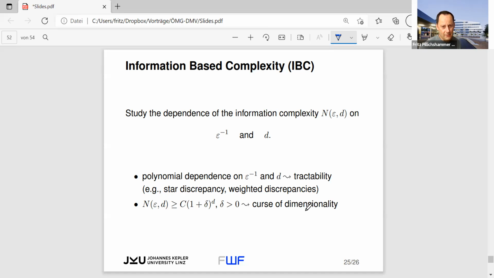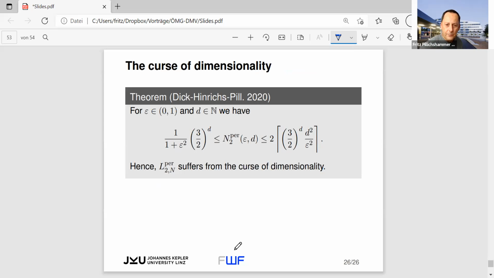So we studied what happens for periodic L2 discrepancy, and we were interested in this question, but unfortunately we found that periodic L2 discrepancy suffers from the curse of dimensionality, because the inverse of periodic L2 discrepancy grows exponentially fast in d. So we even have a bound from above. That's not so important for this assertion, but it's essentially (3/2)^d. So an exponential growth rate for the inverse of periodic L2 discrepancy, which means that it suffers from the curse.